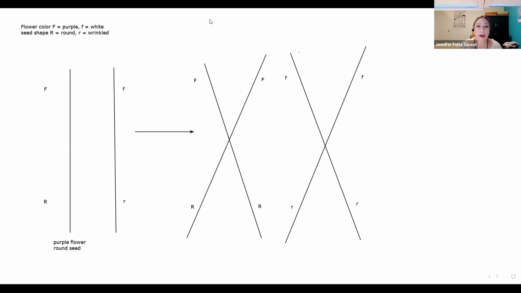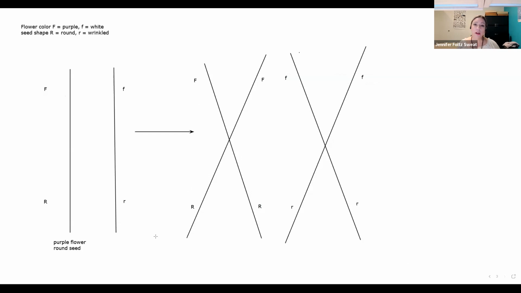Now remember that crossing over occurs during prophase 1 of meiosis, and this is where alleles are swapped. Now, if you look back to the original plant, on one chromosome you have a capital F, capital R. On the other chromosome you have lowercase.